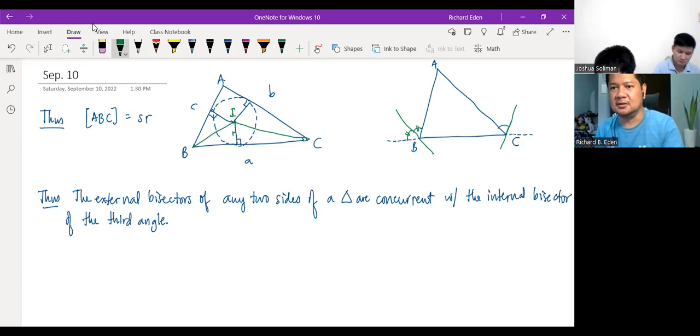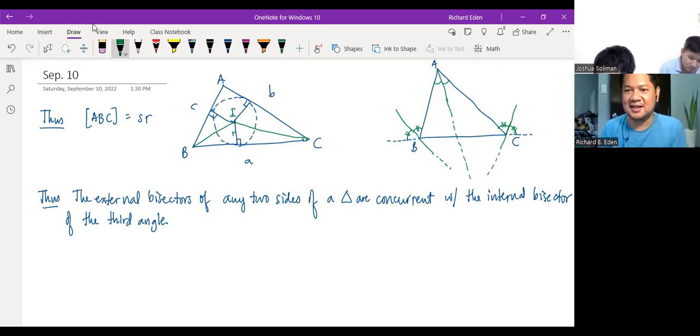And then ito, 1, 2, 3, 1, 2, 3, and then ito naman. So equal yon. So show that itong 3, kapag i-extend, mukha naman pong concurrent for some reason.